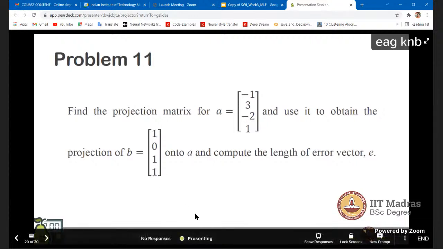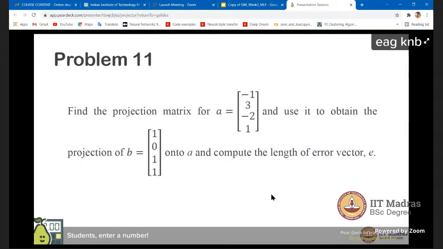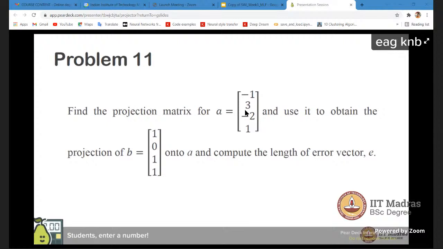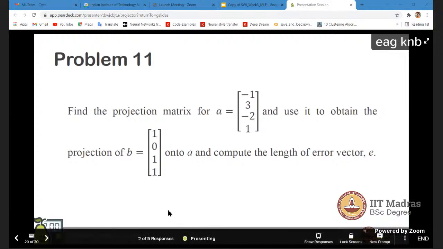Still, I think we are calculating on it. Okay.